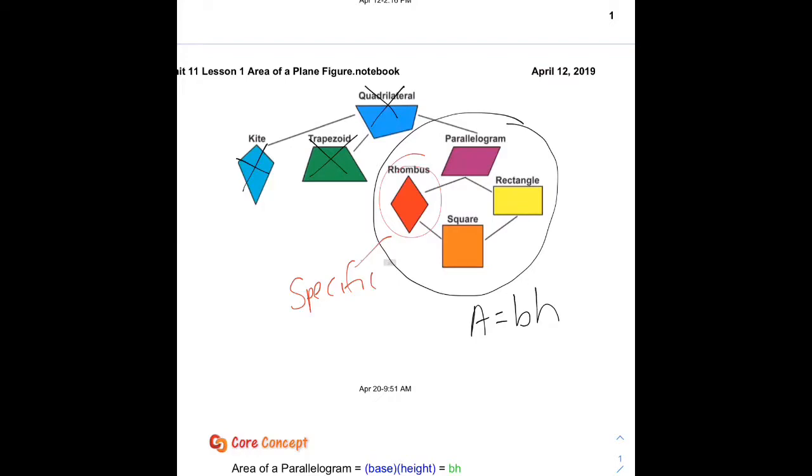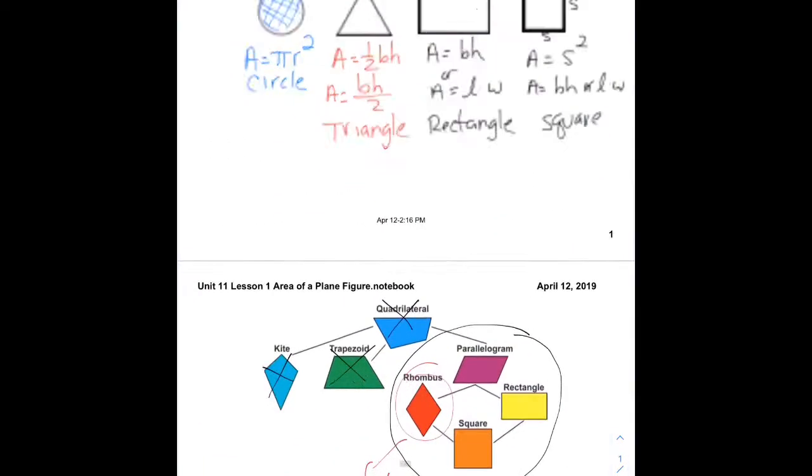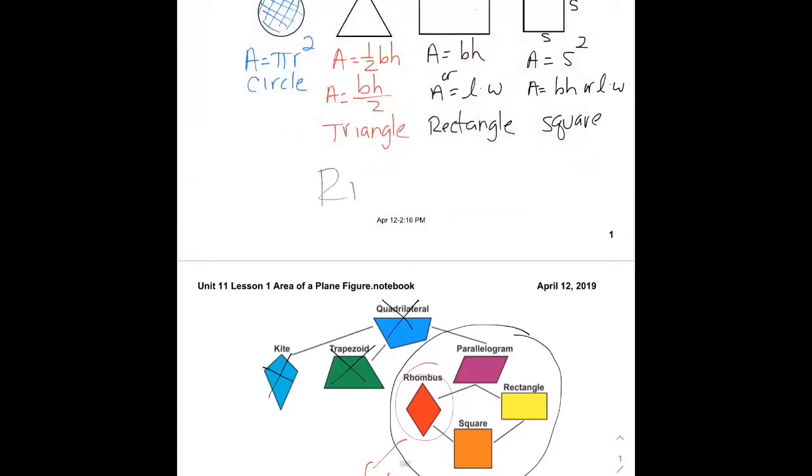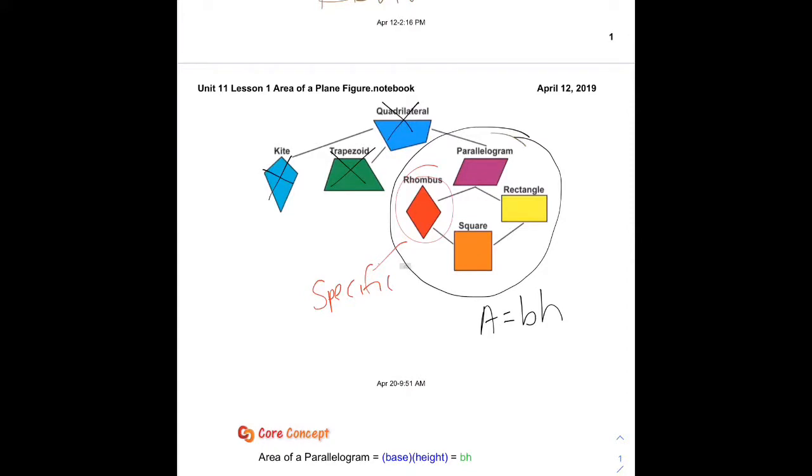All right, so let's get started. These are considered review topics, so we won't explicitly do those examples. We're going to move on in this lesson to the parallelogram, the rhombus, the trapezoid, and the kite.